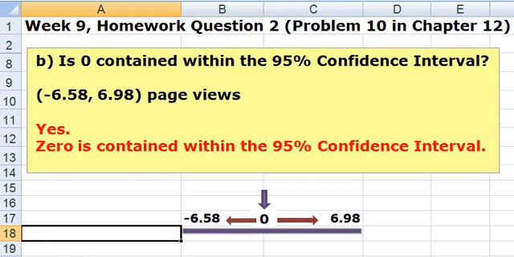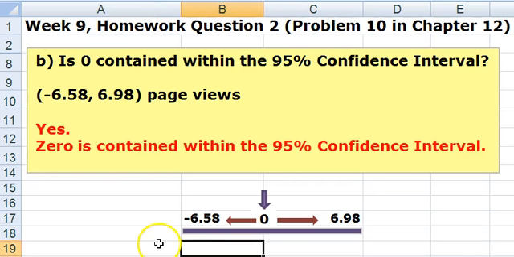And yes, 0 is contained within the 95% confidence interval. I created this little rough drawing here. You can see negative 6.58 all the way over to positive 6.98. 0 is indeed contained within that range.